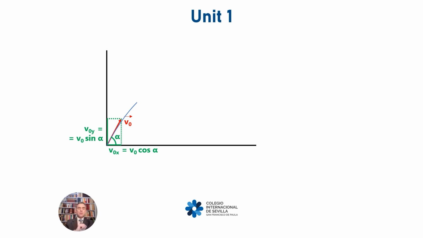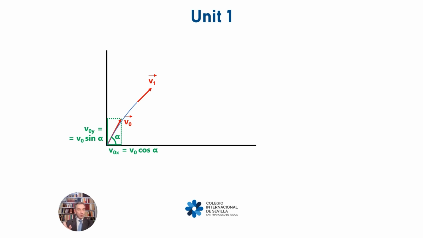So let's draw the velocity at that point. And because we had called V0 the previous one, we will call this one V1 with the arrow on top. Remember, that is V1.